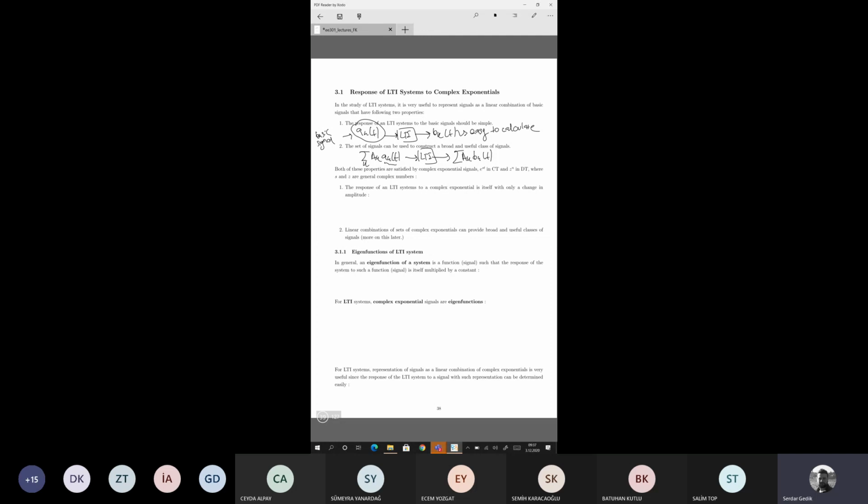Well, it turns out that both of those properties, property 1 and property 2, are satisfied by complex exponential signals. If you have e^{st} in continuous time, and z^n in discrete time, these signals satisfy those two properties. I can find outputs easily, and I can represent input signals as linear combinations of those very basic signals.